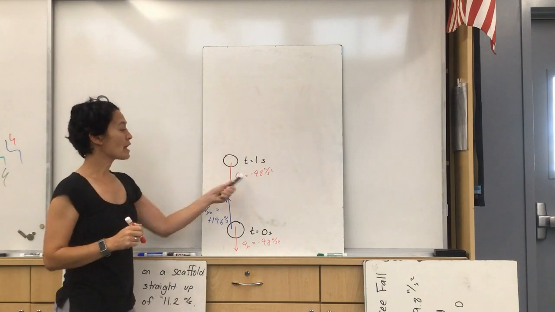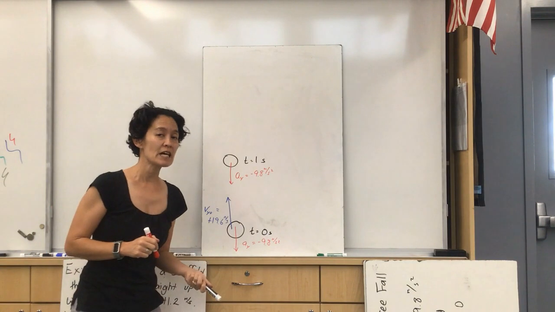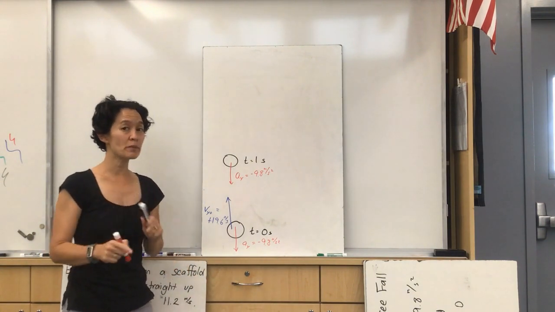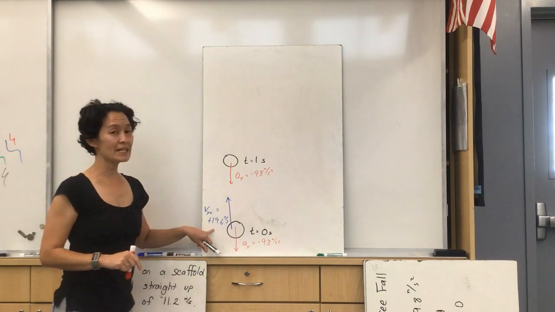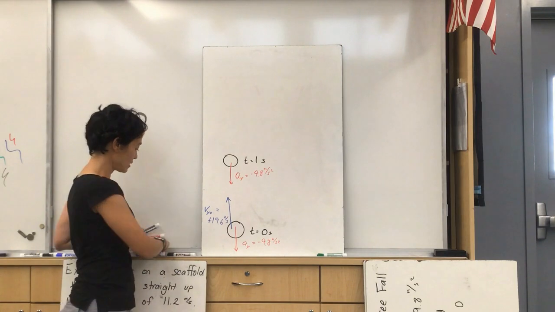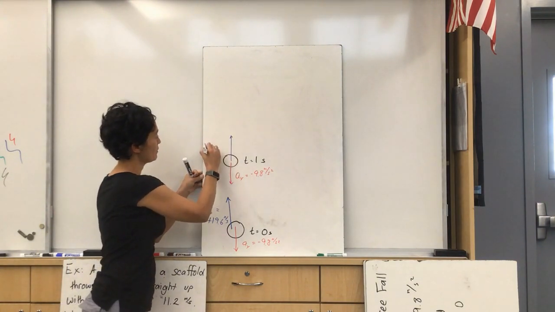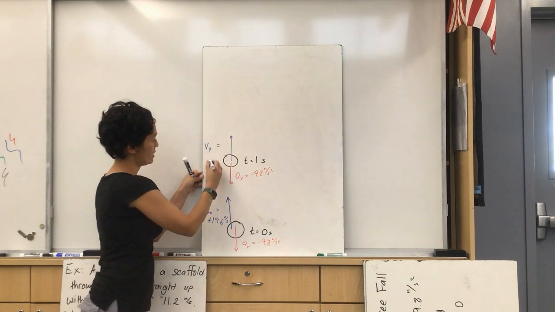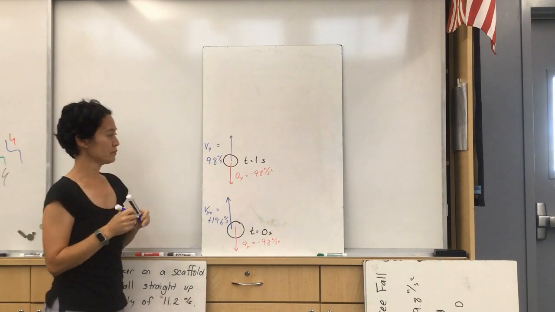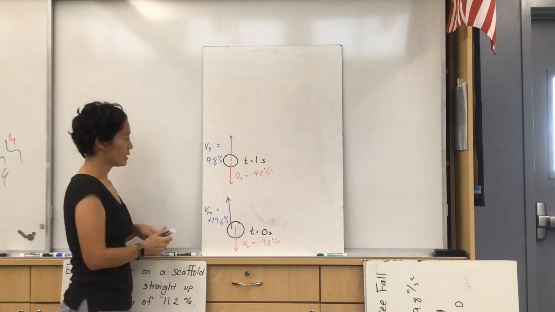And remember, that negative 9.8 meters per second squared means that every second the velocity in that y direction is changing by negative 9.8. So it was 19.6. I'm going to change it by negative 9.8, which means that now my velocity is smaller. My velocity is now 9.8 meters per second. Okay. So it decreased by 9.8.